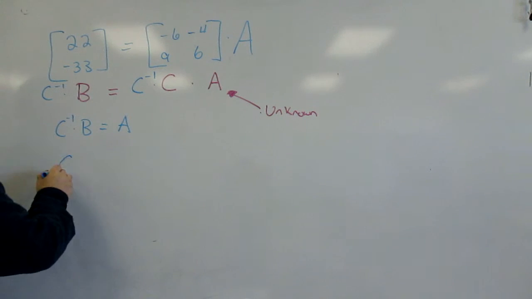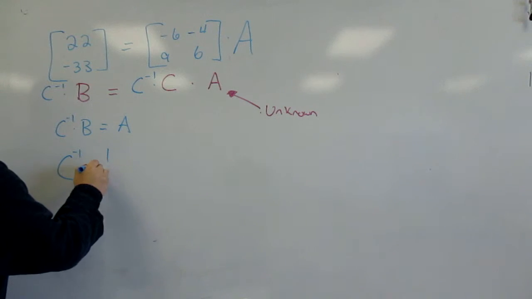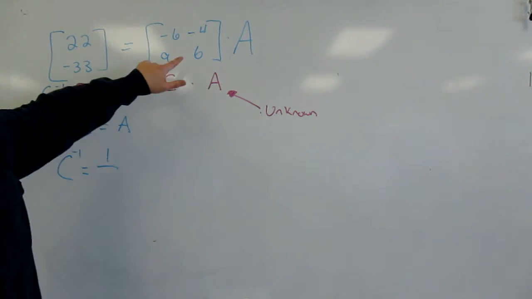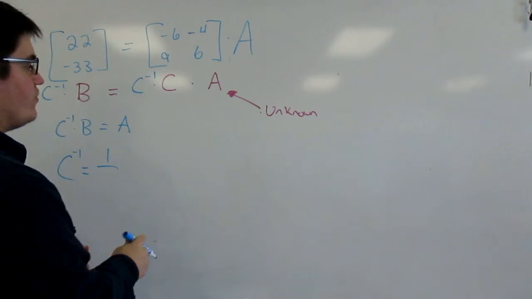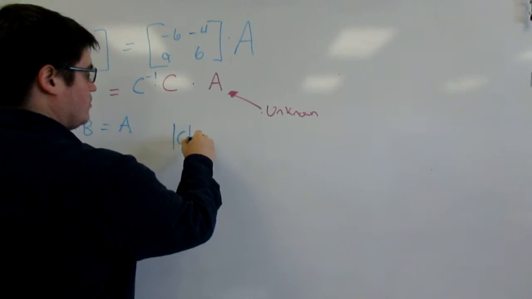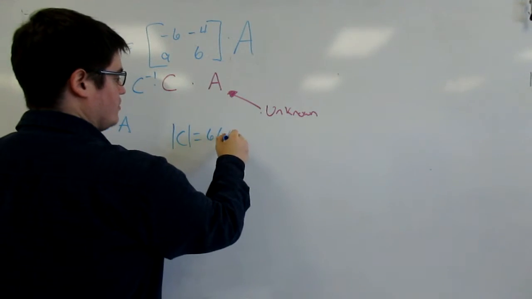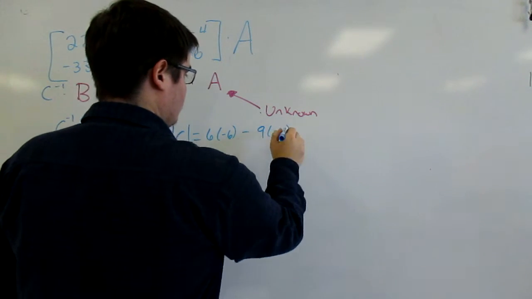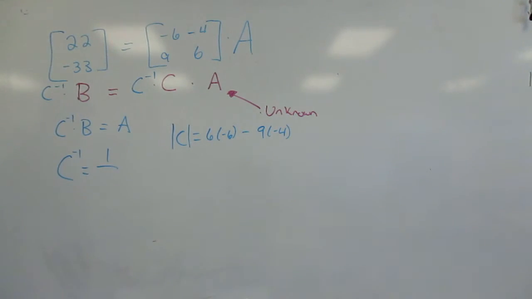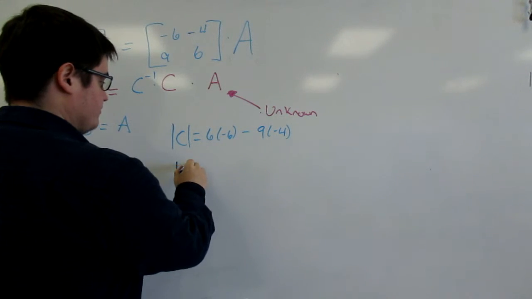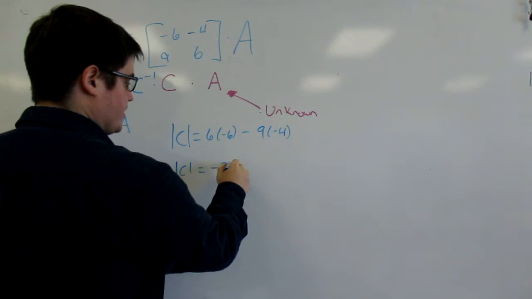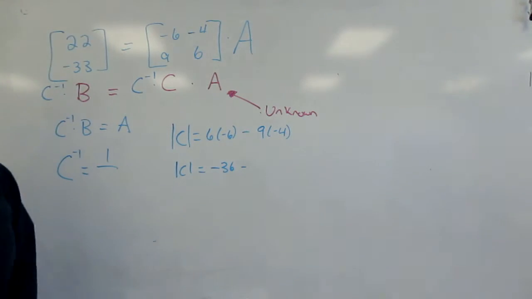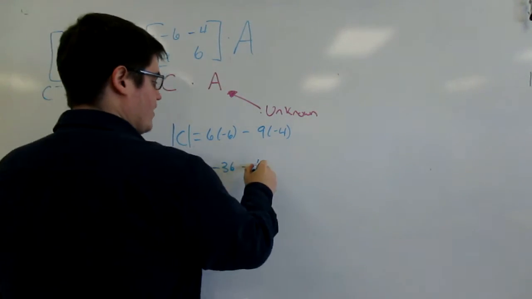Okay, now when you're trying to find C inverse, 1 over the determinant of C. 6 times 6, we'll even kind of write this out. 6 times negative 6 minus 9 times negative 4. Determinant of C, and that's a negative 36 minus 9 times negative 4, which is negative 36.